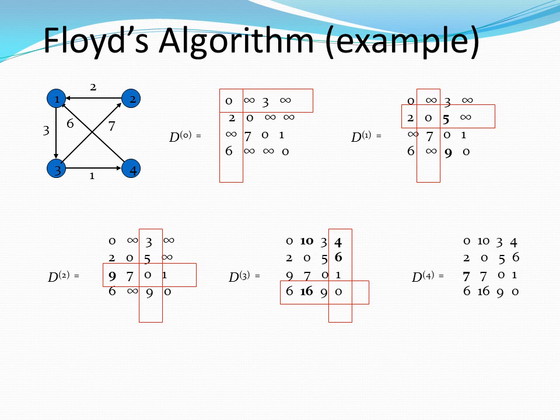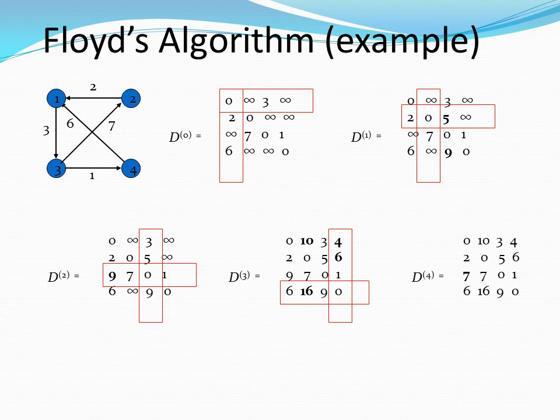Then here the value is infinity. Column value 6 and row value 3. 6 plus 3, 9. So change it to 9. Likewise check for all the values. Then take the second column and second row. Here in that position 7 plus 2, 9.